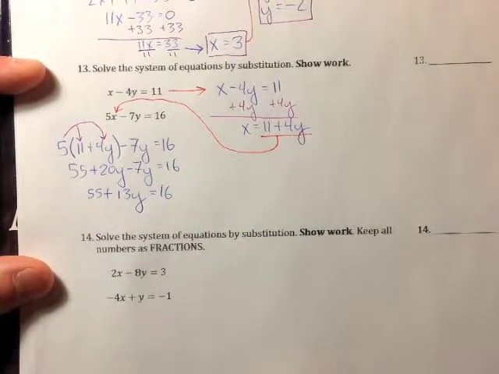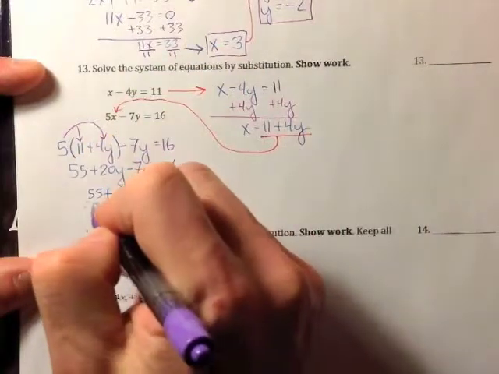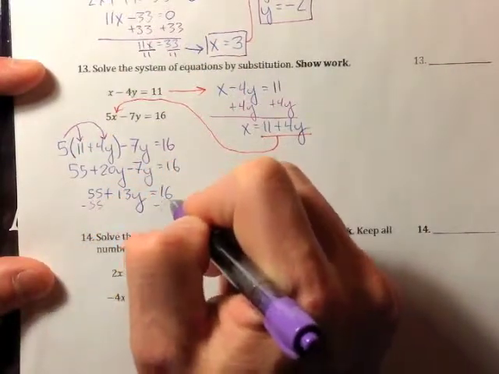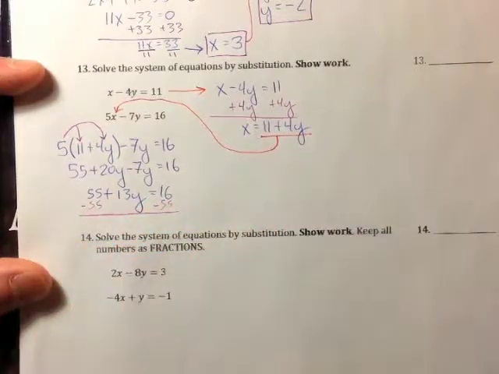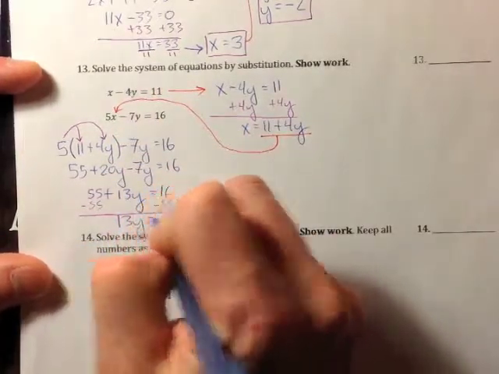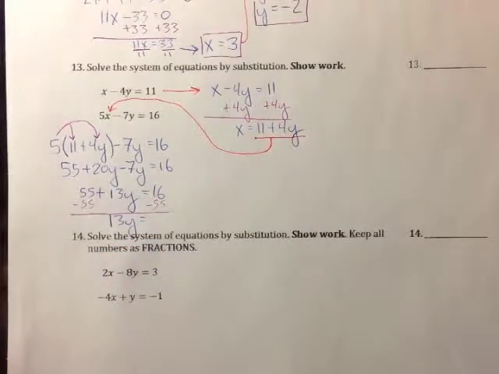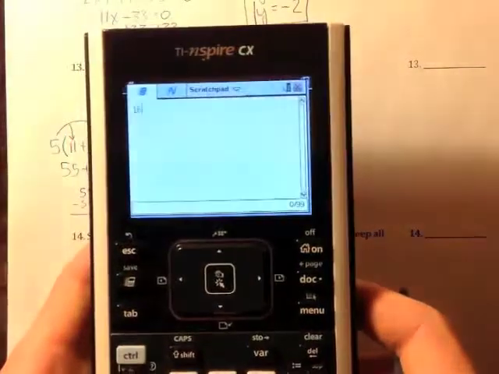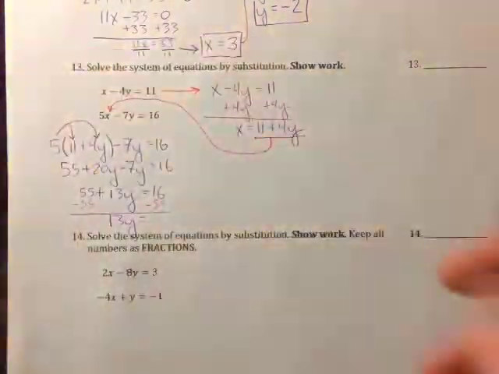Next step, we're going to subtract 55 from both sides. So 13y equals 16 minus 55. Let's see here. 16 minus 55 is negative 39.